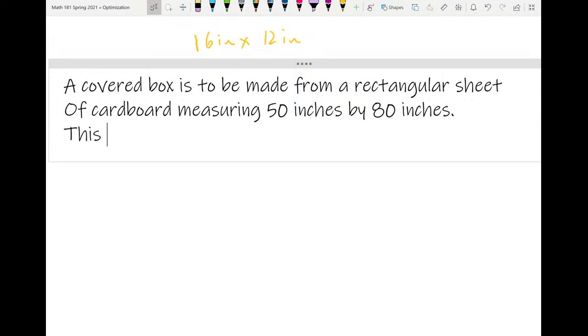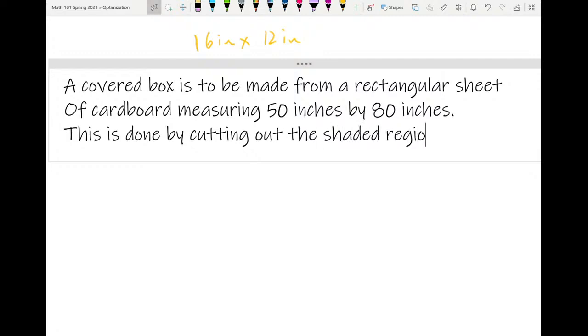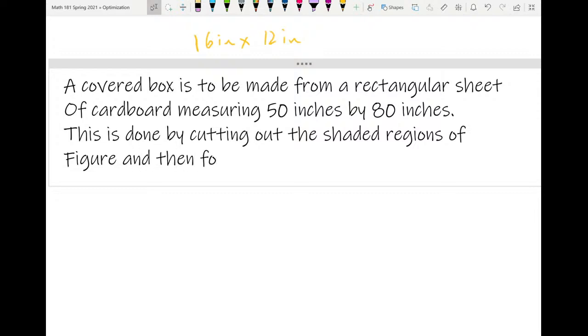This is done by cutting out the shaded regions of the figure and then folding on the dotted lines. I'm gonna give you that.